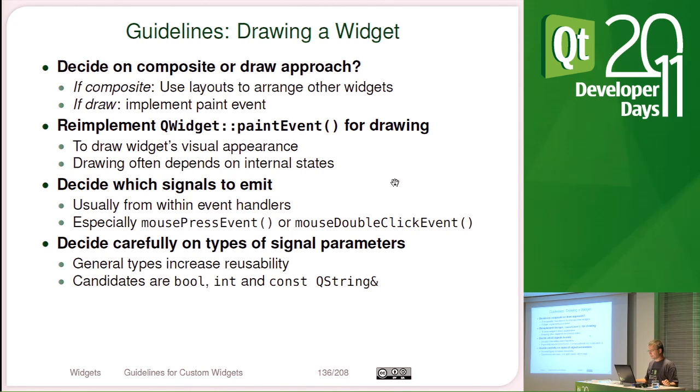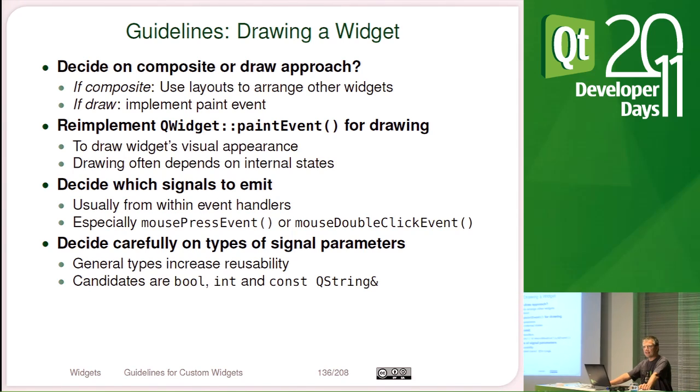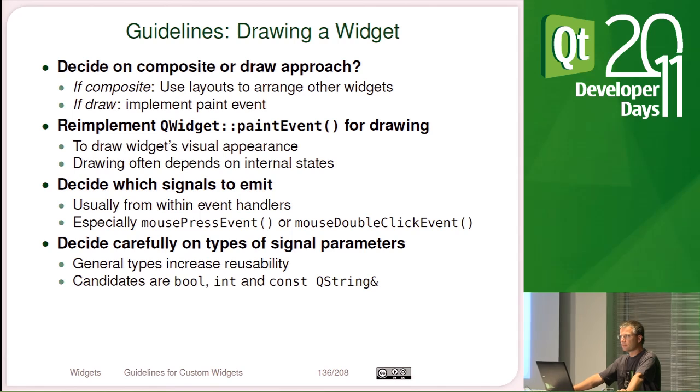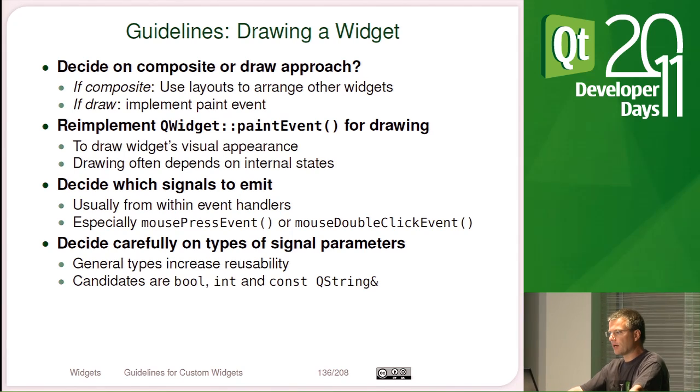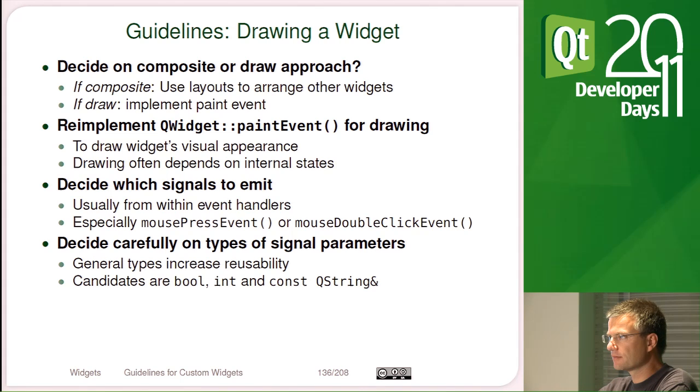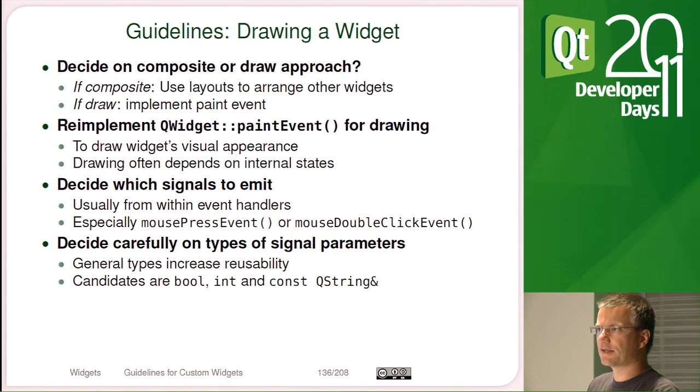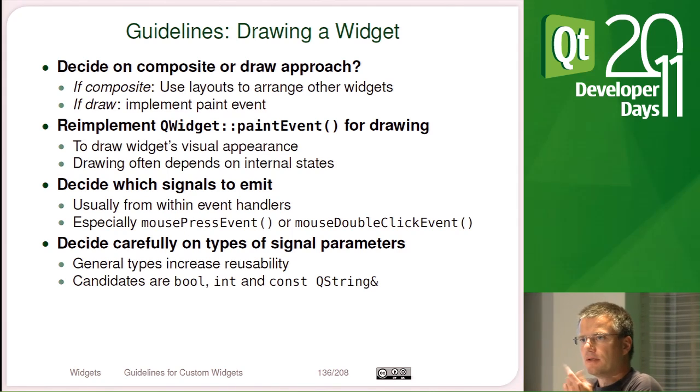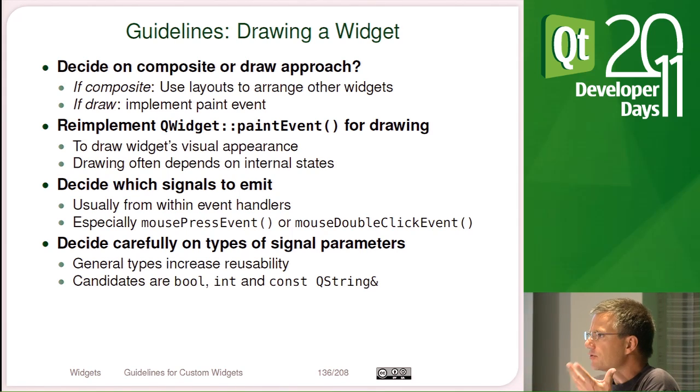Okay, once you have decided about the drawing, you have to decide about the signals to emit. You would like to make your widget as good so that someone else can reuse your widget. Then you have to think about what is important for an outside user of your widget. Maybe in the slider example, they thought about if the value changes, of course, I have to emit a value change signal.